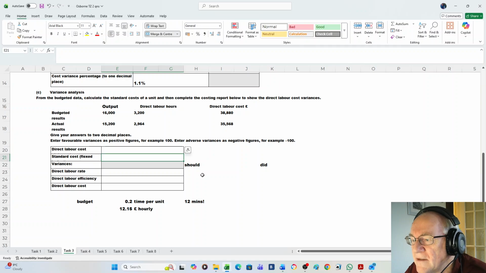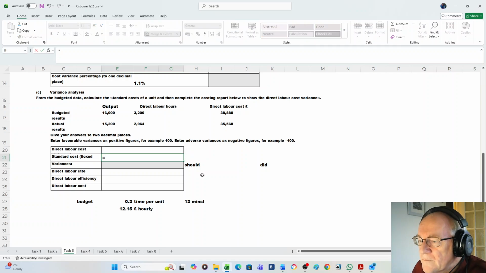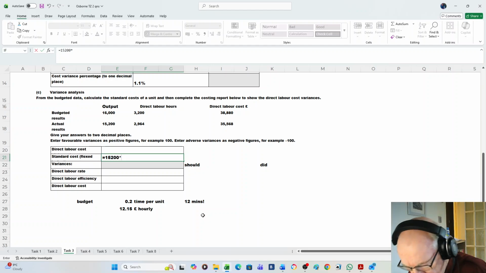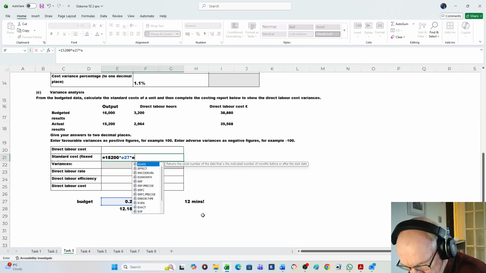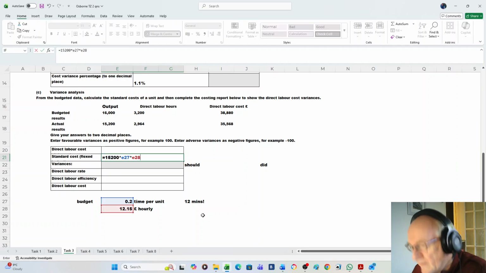So the standard cost. They actually made 15,200, so they made less than budget. However, just in case there was a rounding, there isn't, but on a different day.